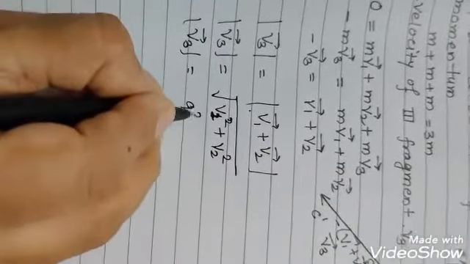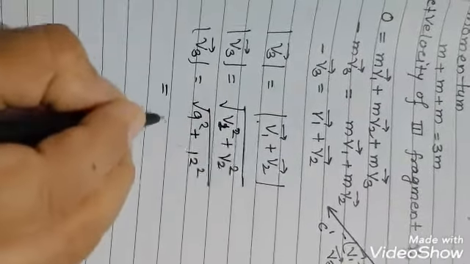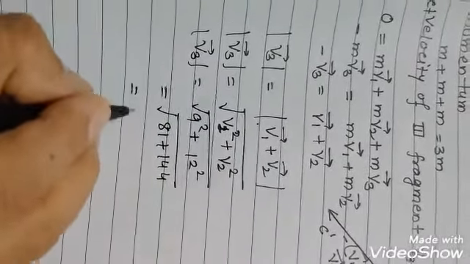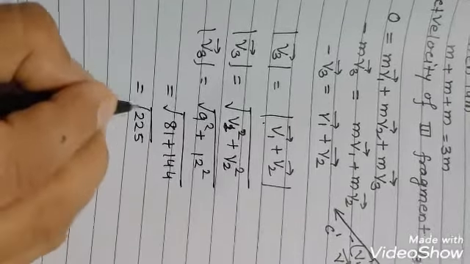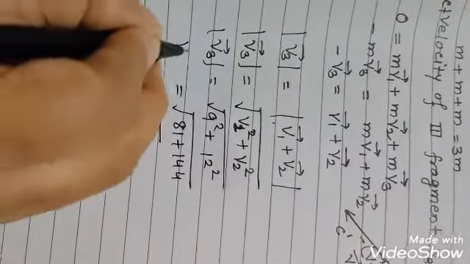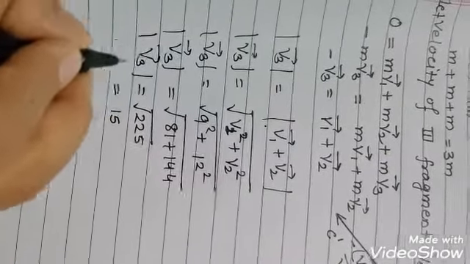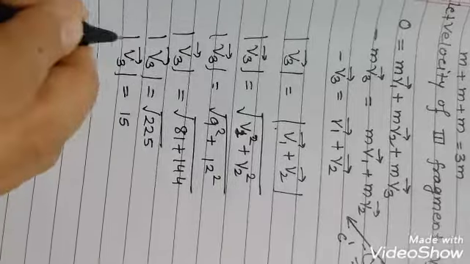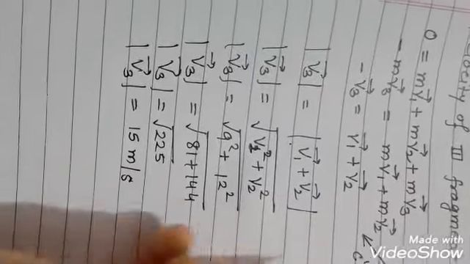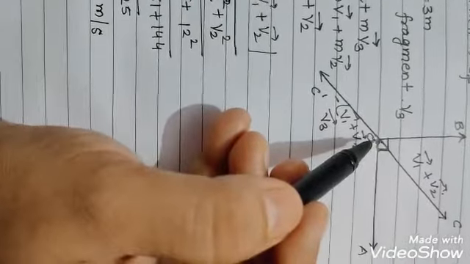This is 9 square plus 12 square, which is 81 plus 144, equal to 225. The root of 225 is 15. So the magnitude of the velocity, or simply the speed of the third fragment, is 15 meter per second, and its direction will be opposite to the direction of the resultant of v1 and v2.